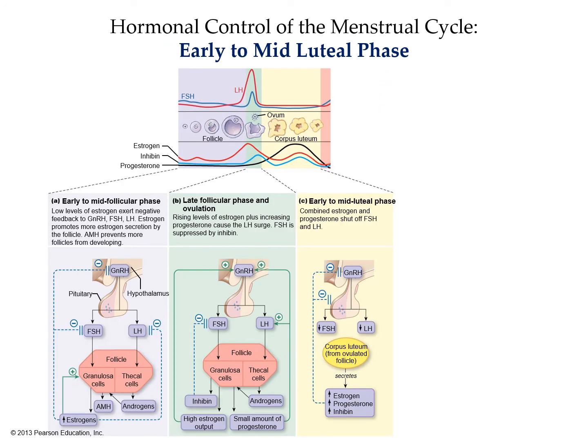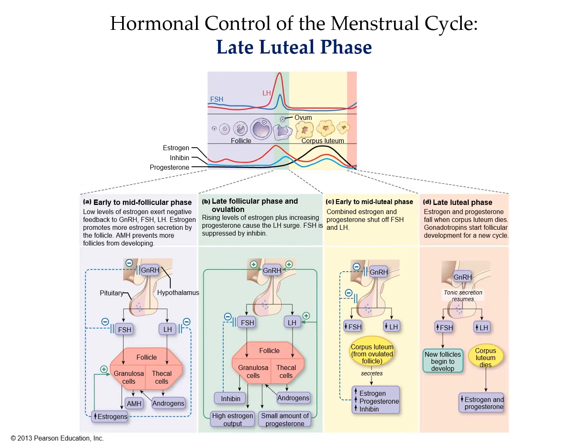And as it moves to the early to mid luteal phase, you will see now that the follicles do not need to grow anymore. So when it reaches a peak in the estrogen levels, and especially a peak in the luteinizing hormone levels, there is a negative feedback. And therefore the follicular stage is stopped because you don't need to grow anymore, so no new follicles are being chosen for growth.